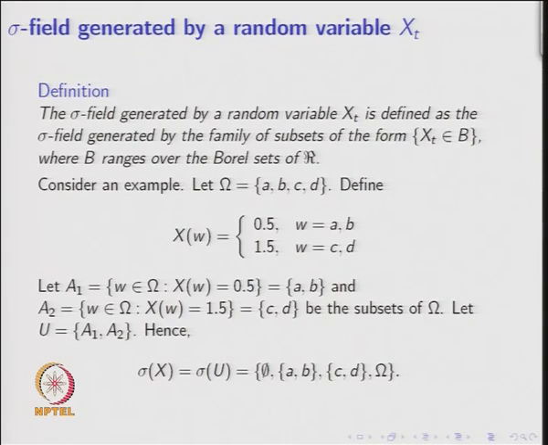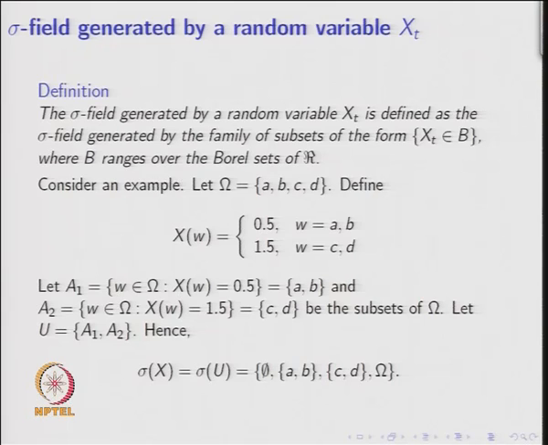Therefore, it is {A, B}. Similarly, let A2 be the set of w belonging to omega in which x of w is equal to 1.5. Hence, it is {C, D}, subsets of omega.